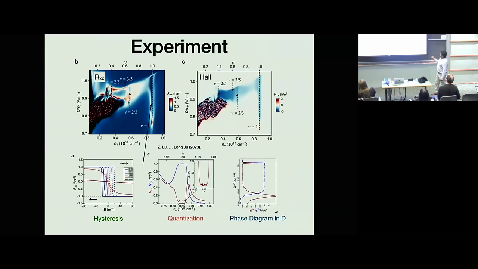You tune in density or you tune in displacement field, and you go from this quantum anomalous Hall insulator into the metal, for example, or into some other insulating state. So this phase is clearly present, although the naive expectation is that you wouldn't see it. So the question is, why do you get this Chern band even in this moire-distant regime?